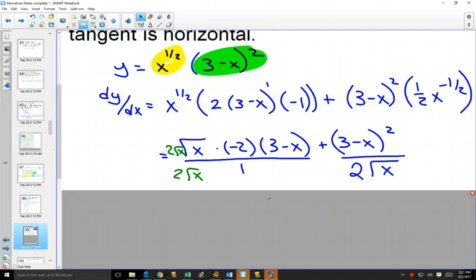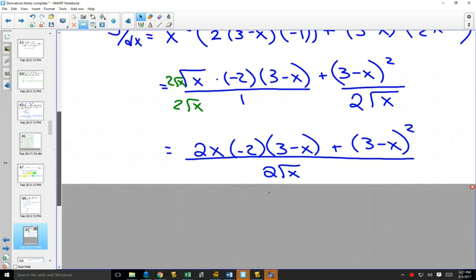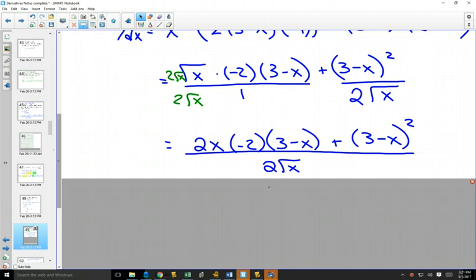The other nice thing is square root of x times square root of x gets rid of that square root on the top. So now that I've multiplied it out, I've got it all over 2 square root of x. My job now is to try and get the top to equal what the top looks like in the question.